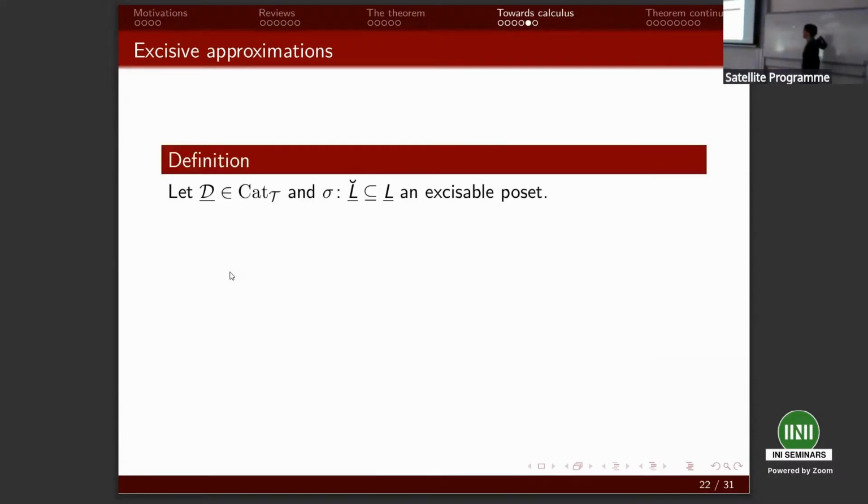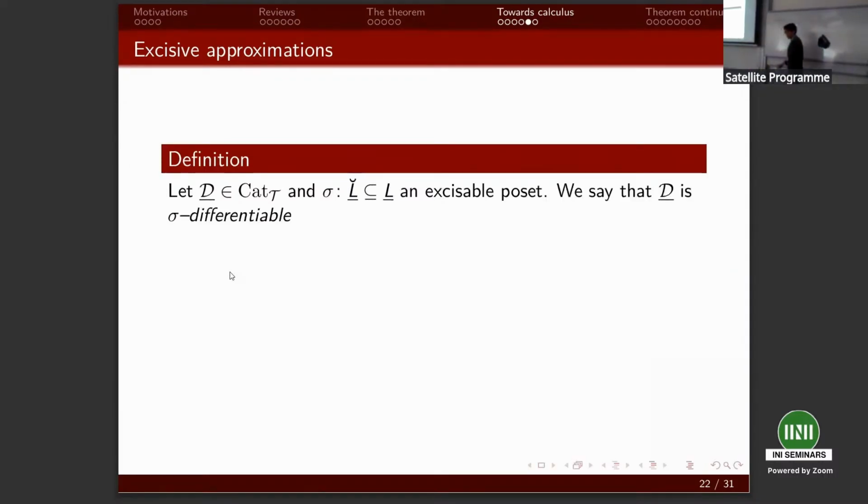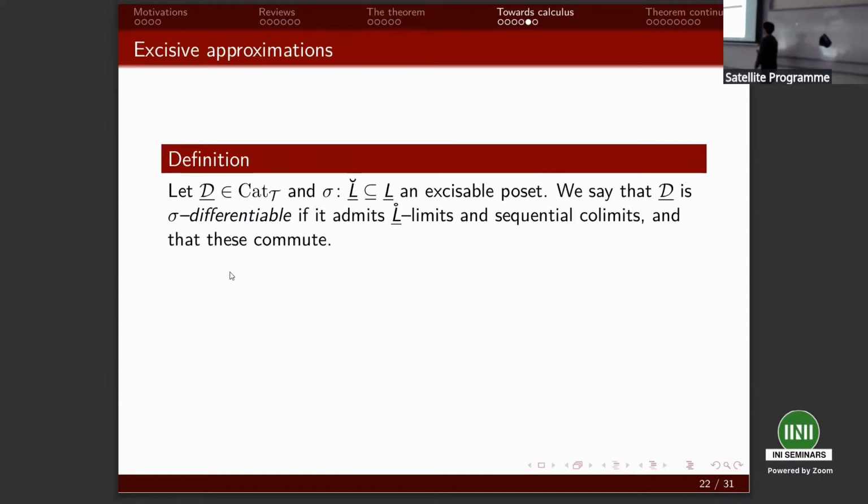If I have a P-category D and an excisable four-set, then I say that D is sigma differentiable if it admits L-sub-limits and sequential co-limits and these things commute. Differentiability was defined as the fact that sequential co-limits commute with finite limits, but here I need to be specific about which types of limits I need to commute with, and I just say L-sub-limits.